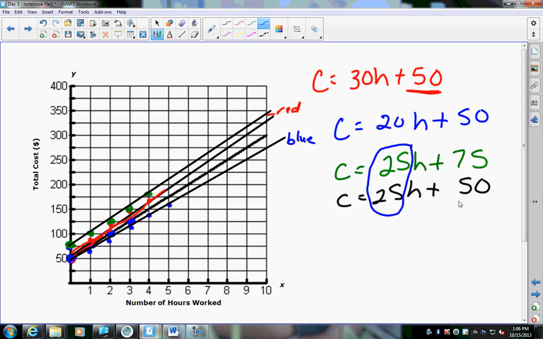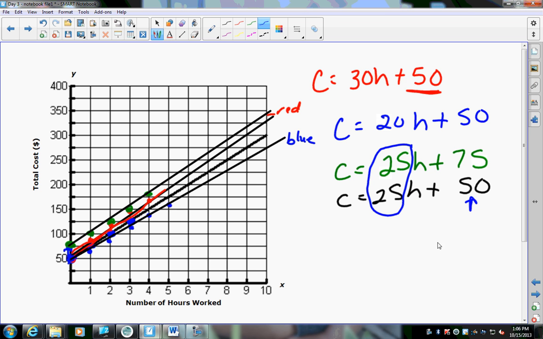What did change was my y-intercept. Did it increase or decrease? My y-intercept started at 50 and it went up to 75. So all it did was shift my line. It took that original line, kept the same steepness, and shifted it up 25 units.